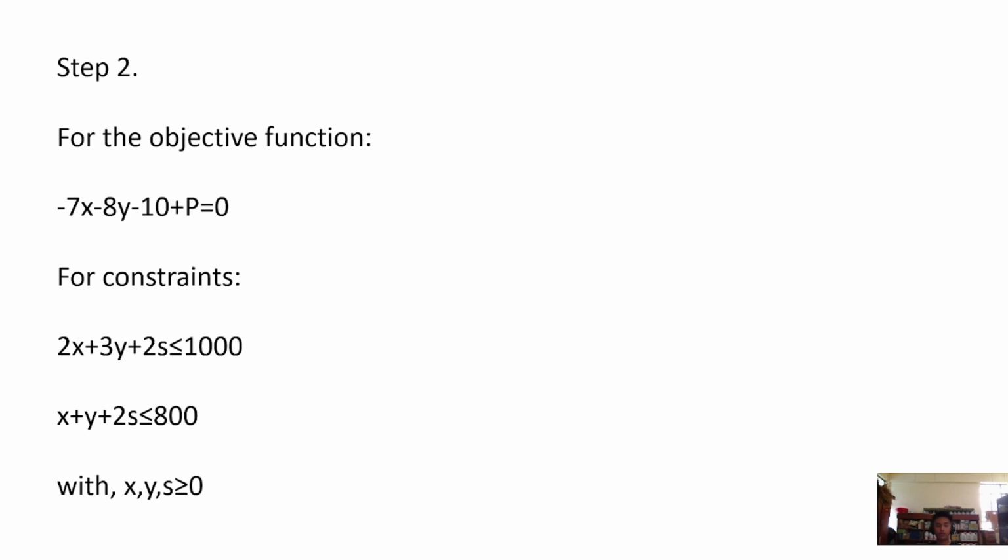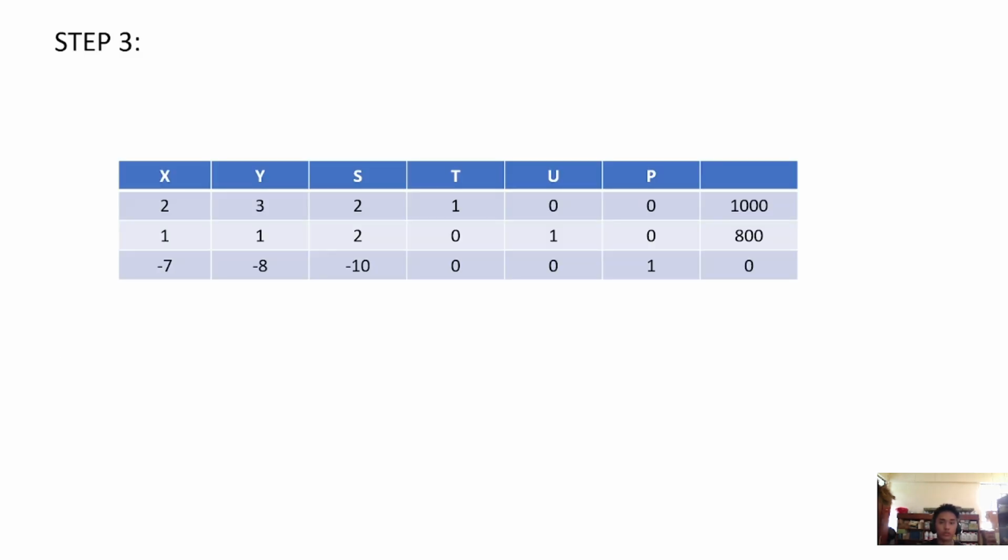For the constraints, 2x plus 3y plus 2s is less than or equal to 1,000, and x plus y plus 2s is less than or equal to 800, with x, y, s greater than or equal to 0. So that's step 3, we have set up our simplex tableau.